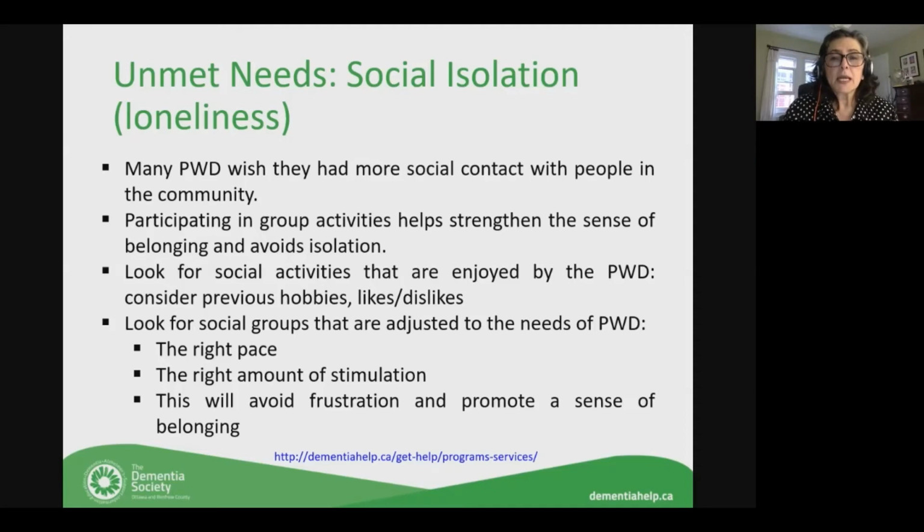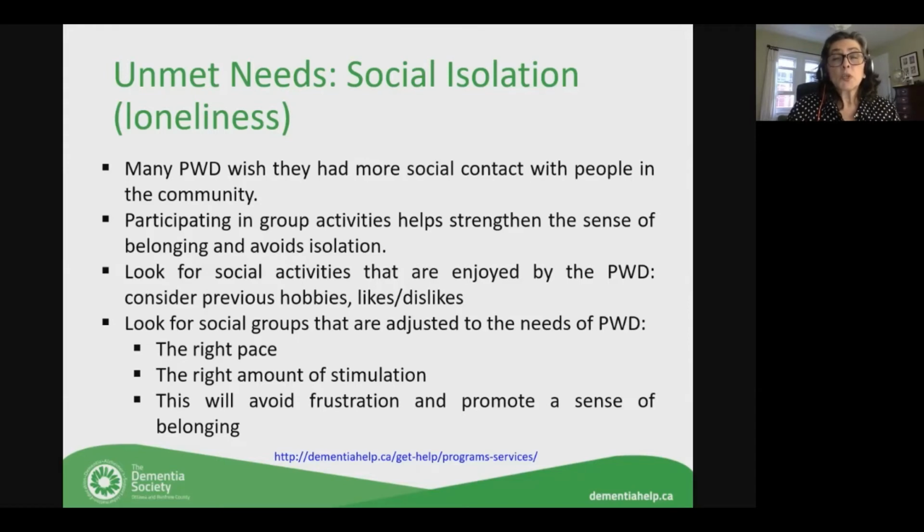And I think it's about trying to find a balance of the right amount of stimulation, looking for the kind of activity that is meaningful and enjoyable to the person with dementia, which is really very, very critical. So it may be that you think about past hobbies, their likes and their dislikes, and perhaps there is something online that can be facilitated by caregivers and others around the person.